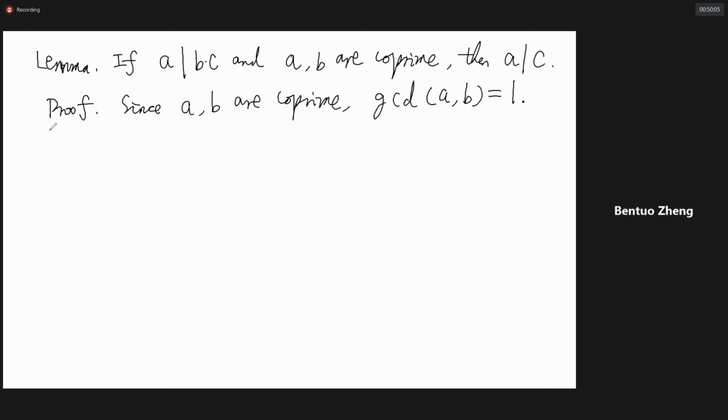Now, by Bezout's theorem, the greatest common divisor of A and B is a linear combination of A and B. 1 is equal to S times A plus T times B. Okay? This is because the greatest common divisor of A and B is equal to 1.